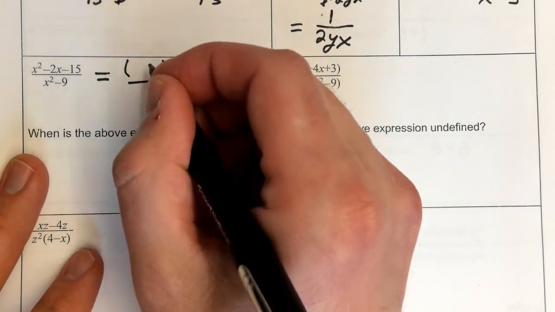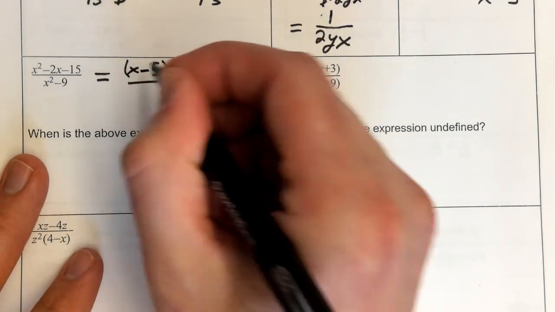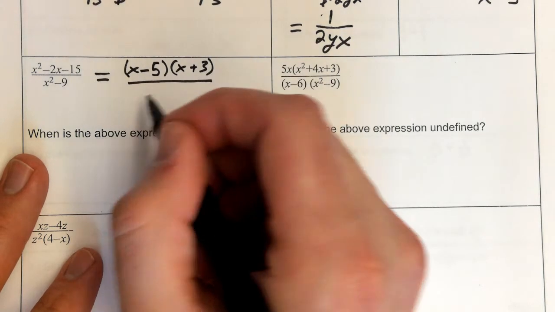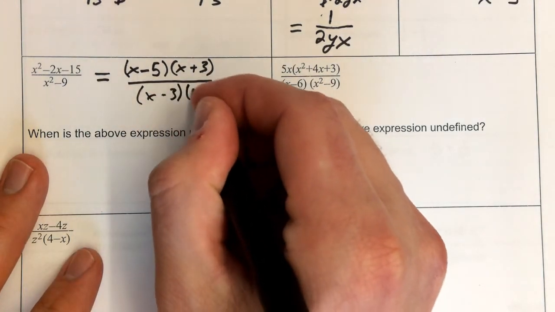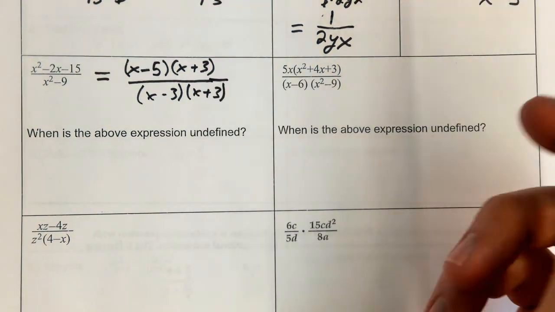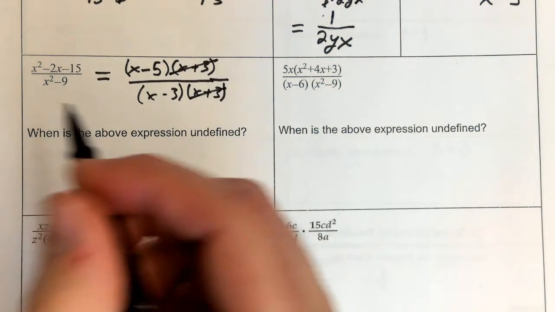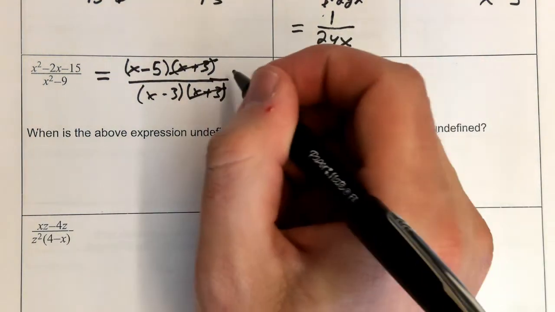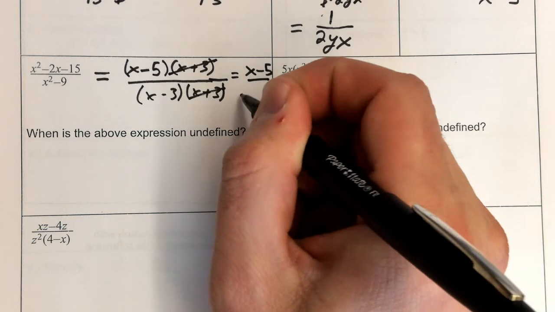That is going to be 5 and 3, so x minus 5 and x plus 3. On the bottom, that's a difference of squares, so it breaks into x minus 3 and x plus 3. Again, you can use the magic x method if you'd like as well. x plus 3 over x plus 3 simplifies to 1, and I'm left with just x minus 5 over x minus 3.